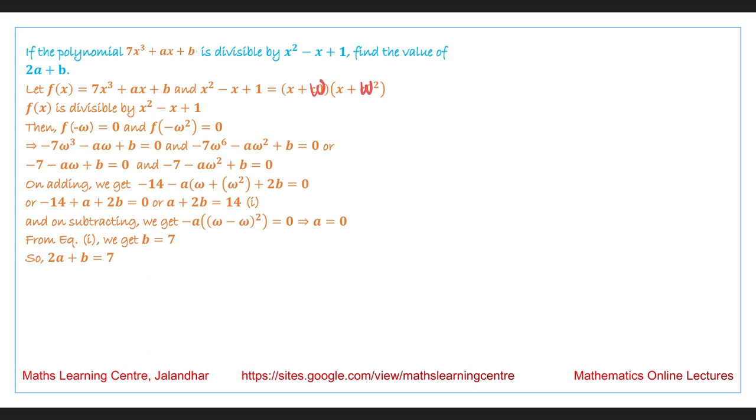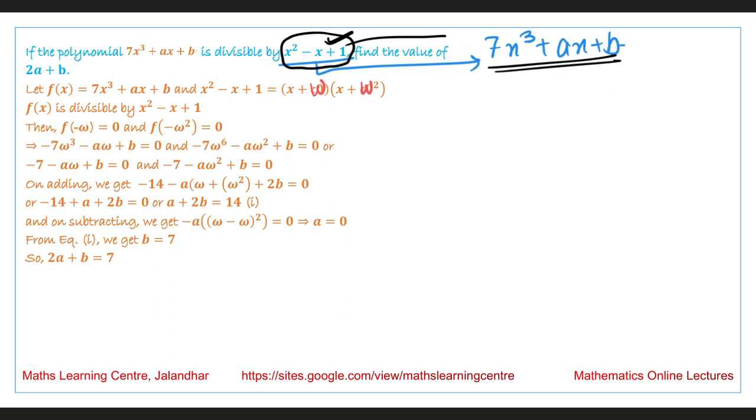Next is, if the polynomial 7x cube plus ax plus b is divisible by this polynomial, then we have to find the value of 2a plus b. So if this polynomial is divisible by this, it means the roots of this polynomial will satisfy this equation. Now the roots of x square minus x plus 1 are x plus omega into x plus omega square.